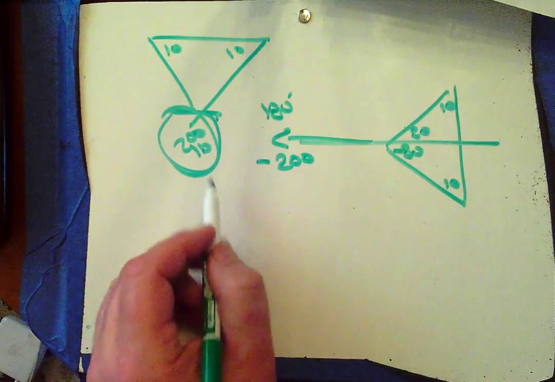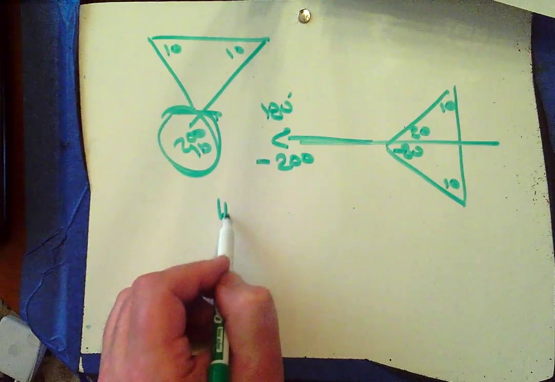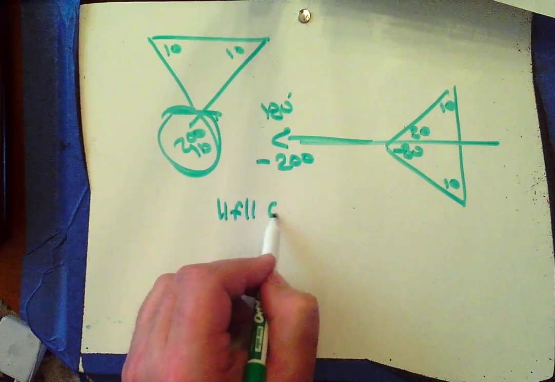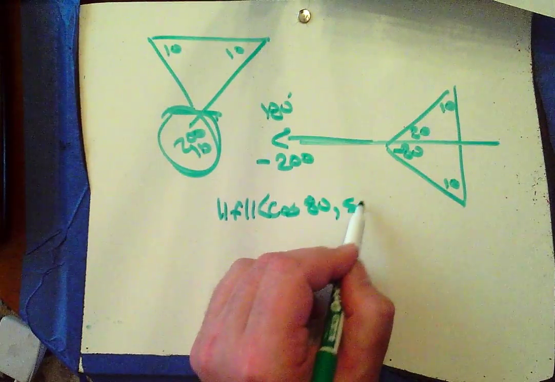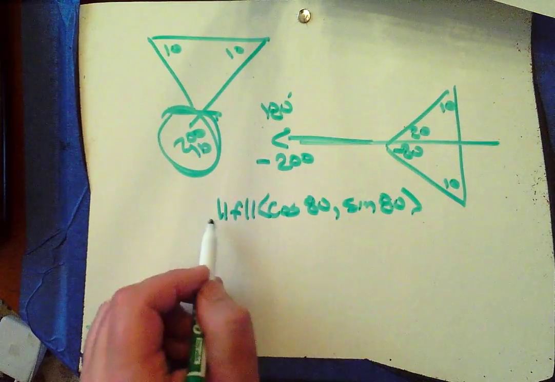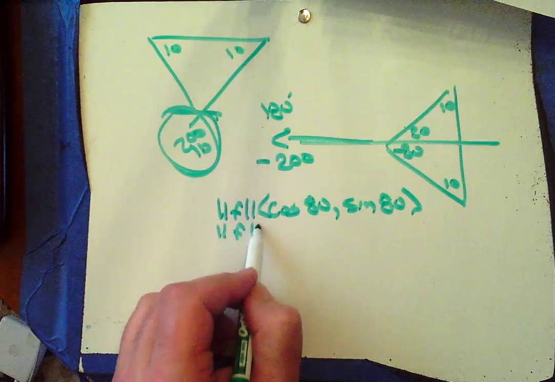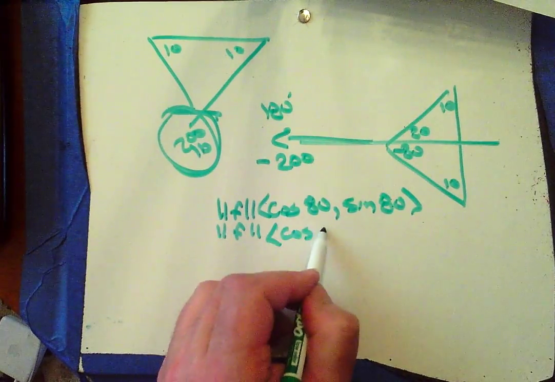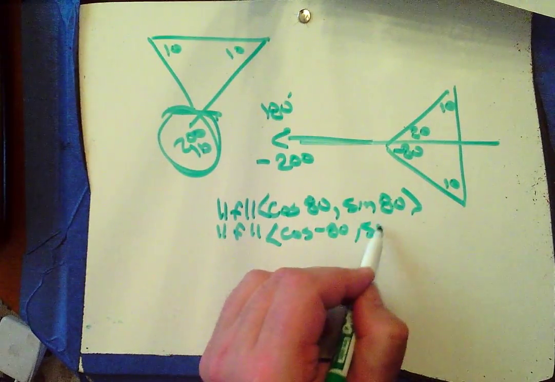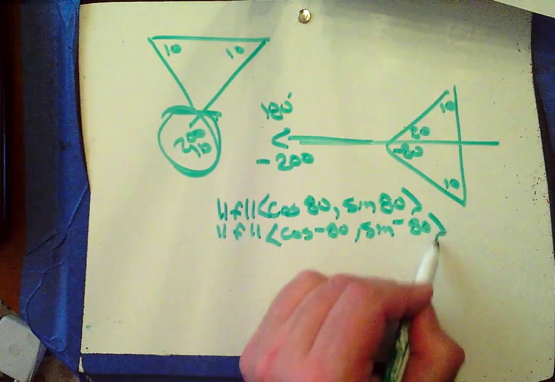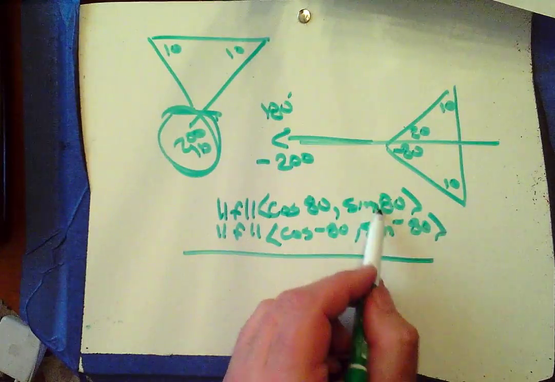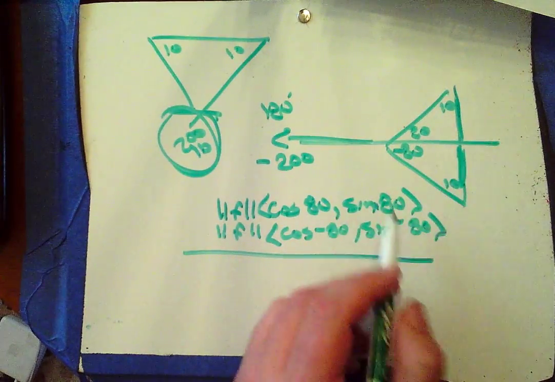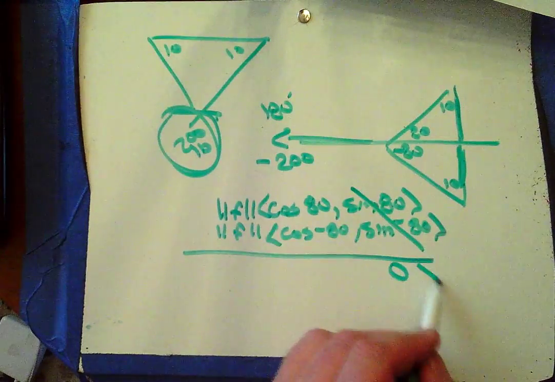Okay, so we've got magnitude of F cosine 80, sine 80, magnitude of F cosine negative 80, sine negative 80. And what I notice is, again, these are opposites, same amount in opposite directions, so they're going to cancel and I get 0.